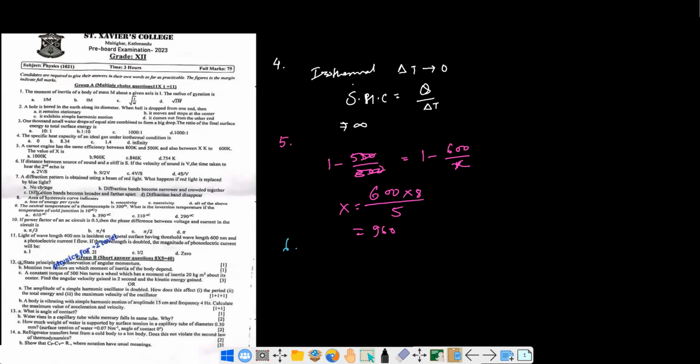Let me just look at there. Question number 6. If the distance between source and sound and a cliff is s. Okay, this is distance between source and cliff is s, and the velocity, okay, velocity is v. So if velocity is v, the time taken to hear the second echo, we have to calculate time, and you know well, so this is distance s and this is distance again s.